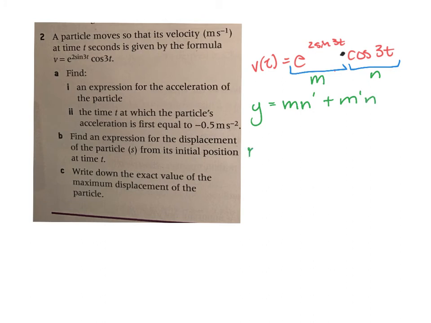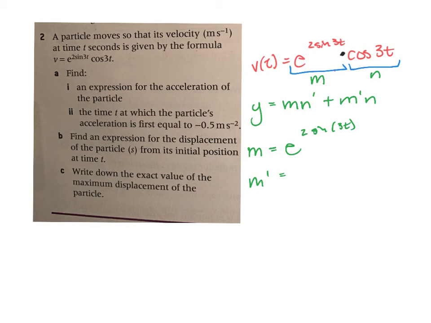So let's get all of those. For m, we have e to the 2 sine of 3t. M prime is going to be, this is not a u substitution, but a chain rule problem.